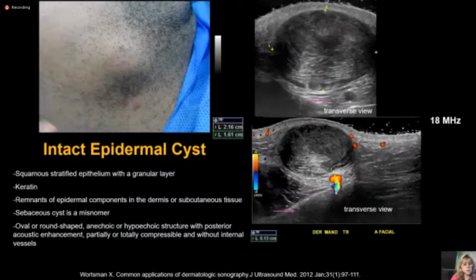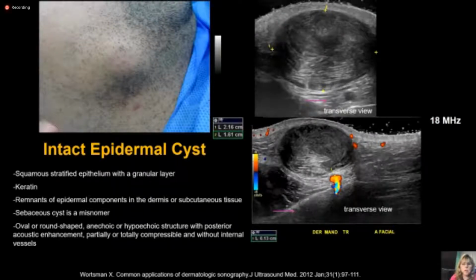sebaceous components. On ultrasound, this lesion appears as an oval or round-shaped, anechoic or hypoechoic structure that generates a posterior acoustic enhancement. It could be partially or totally compressible and usually doesn't present vascularity.